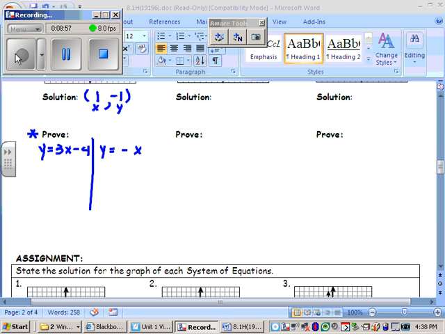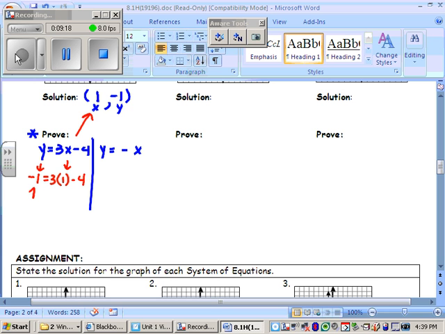Okay, so looking at the first equation, y = 3x - 4, we're going to plug in a 1 for the x and a -1 for the y. And then we're going to see if the left side and the right side of the equal sign turn out to be the same value. So for y, we'll put a -1, x a 1.